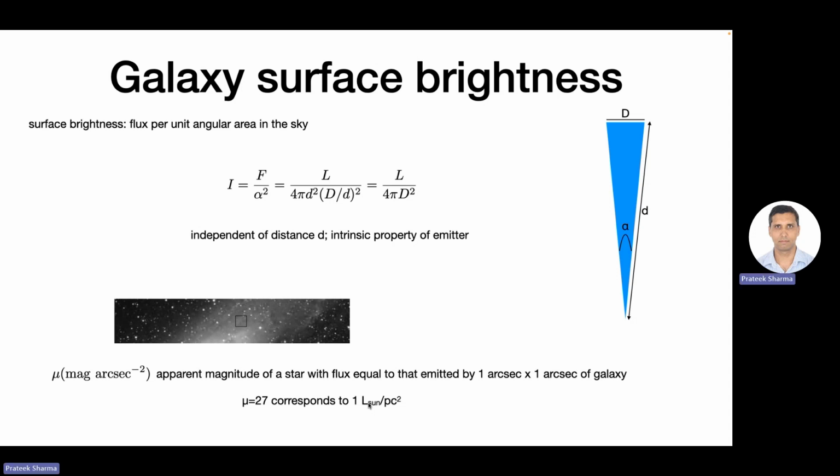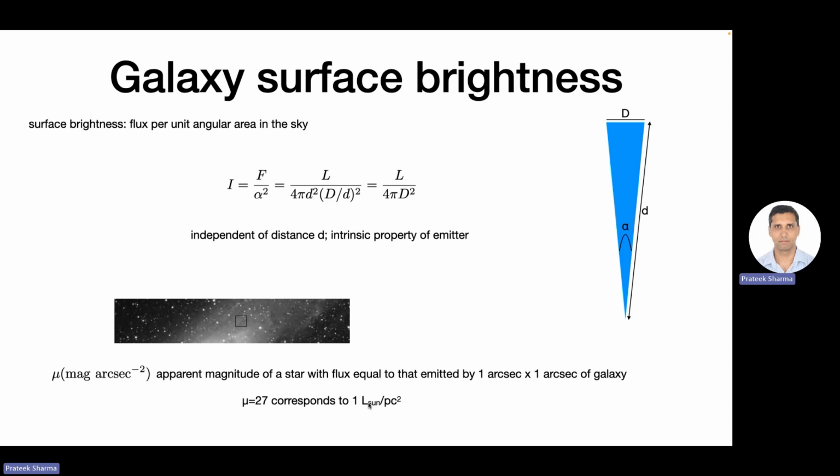What we want is surface density of light, so you multiply by the scale height to get luminosity per unit area. The scale height is say 100 parsec, so 1 L sun per parsec cube times 100 parsec becomes 100 times larger than this 27, this 1 L sun per parsec squared.